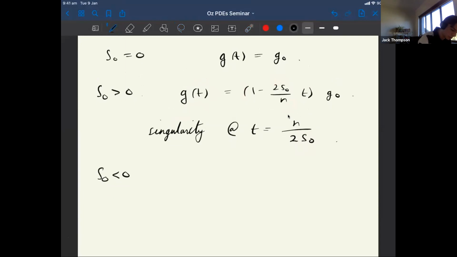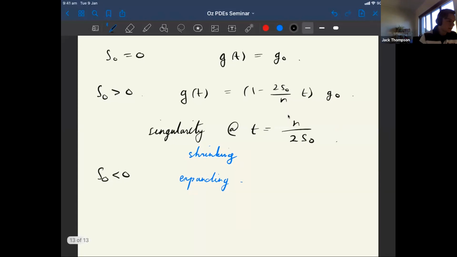I should probably write that in this case we're shrinking, and in this case we are expanding. Cool. So this already gives us a bit of a clue as to how Ricci flow can behave.